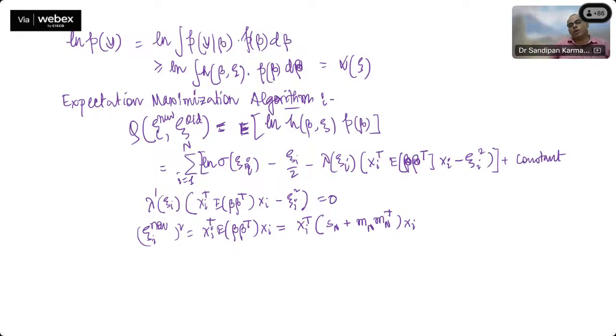So this is a kind of free parameter that you are putting on each row of the tabulated values of y and x, and you are trying to find out how, by changing this particular xi i, the values of m_N and S_N are getting changed.